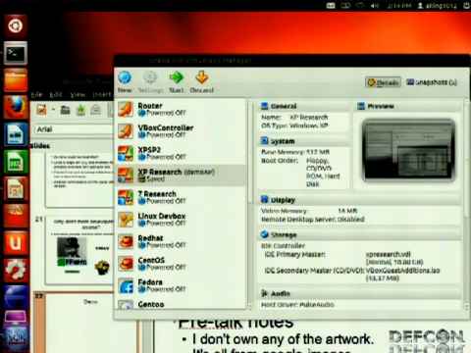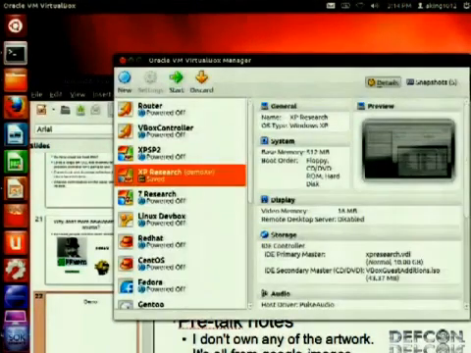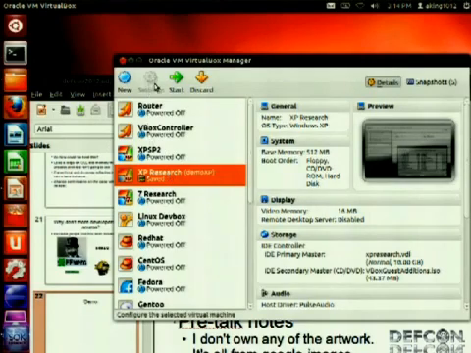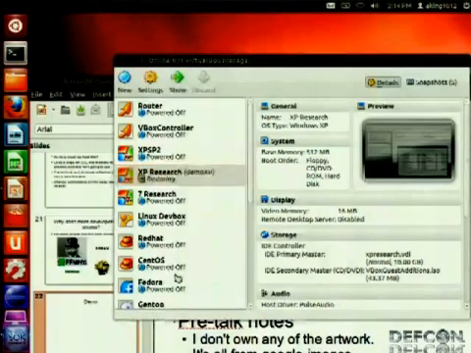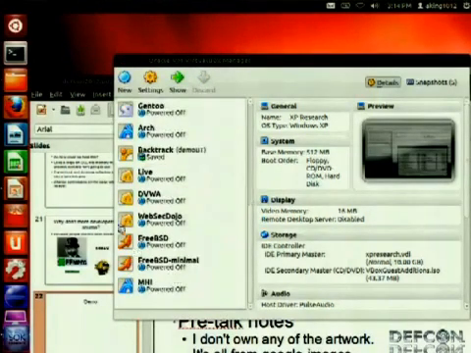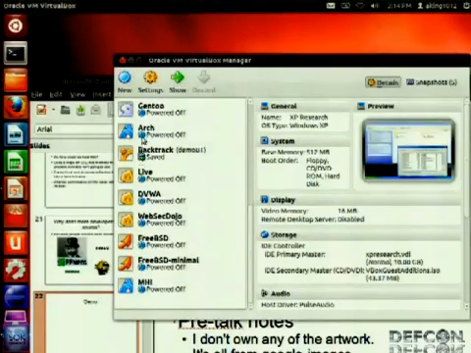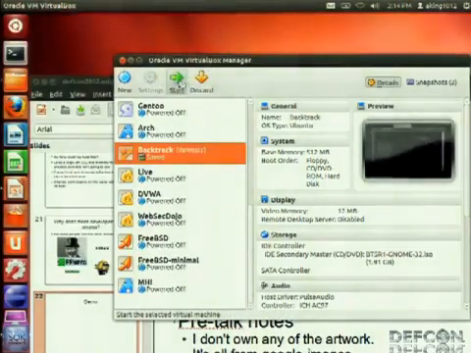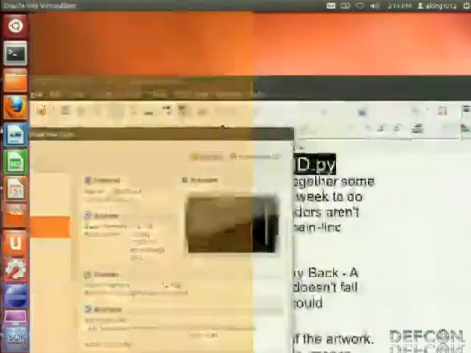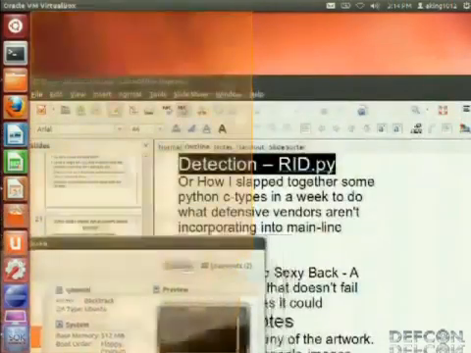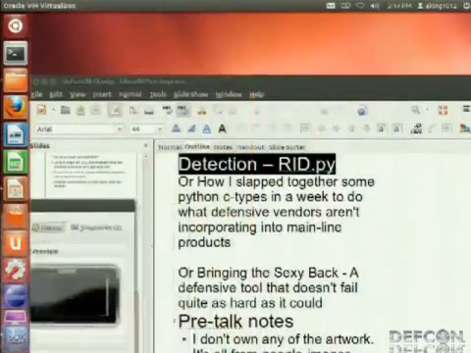I'm not a fan of Unity, by the way. All right, there we go. Start that one. And that one. Hopefully that's the only time that I upset the demo gods today.